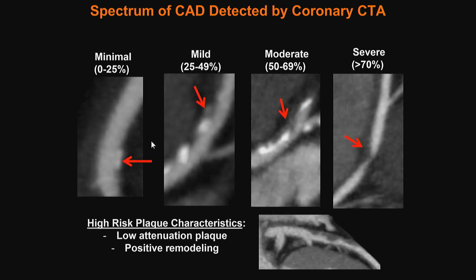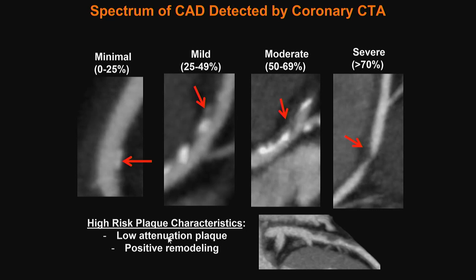In addition to identifying the amount and the type of plaque and the severity of stenosis that it causes, there is now useful data on the identification of what we call high-risk plaque characteristics. The two most important ones are low attenuation plaque, which generally has a Hounsfield unit less than 30 units, or positive remodeling, also known as outward remodeling or Glagov remodeling.